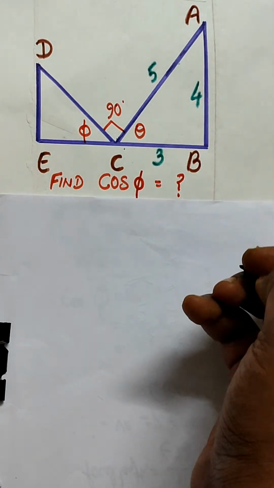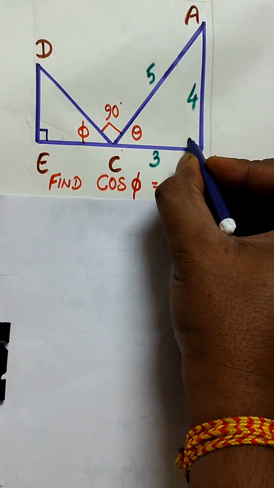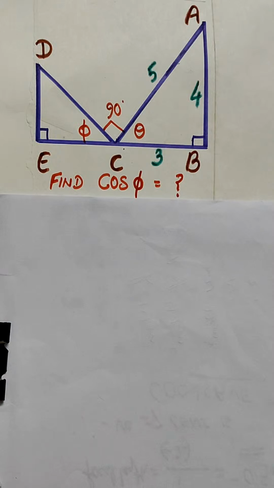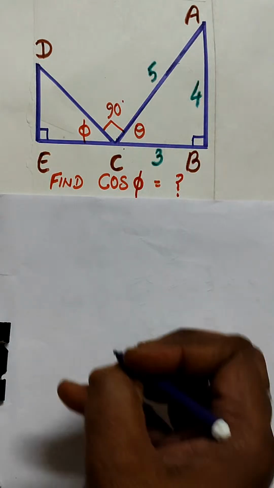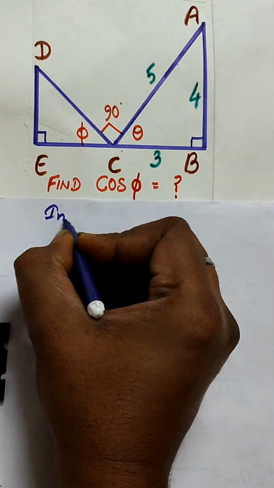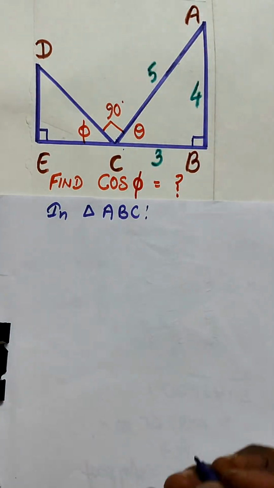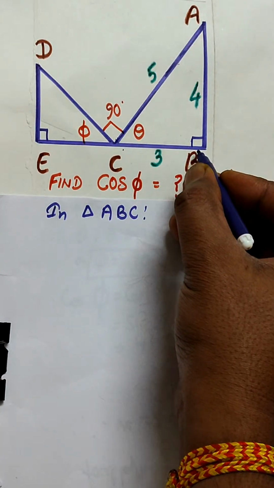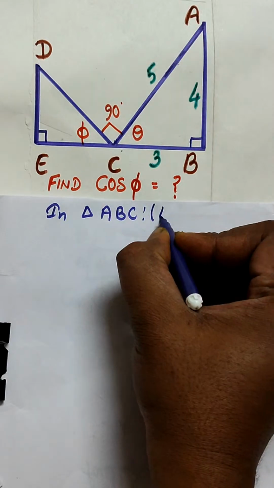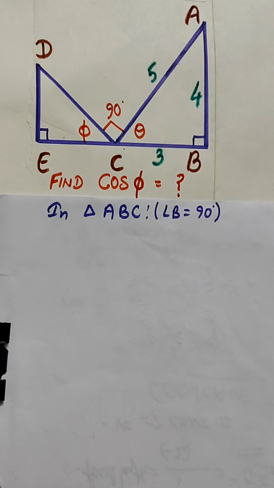Since this is 90 and this is 90, you can see that triangle ABC is a right angle triangle, where angle B equals 90 degrees. So we can apply the trigonometrical concepts over here.